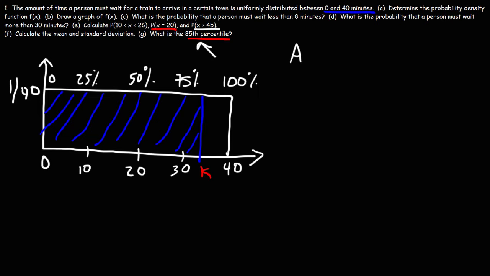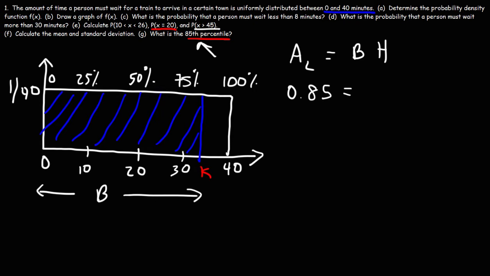So the area on the left side is going to be equal to the base times the height. And the area is the same as the probability for any continuous probability distribution function. So we can replace the area with 0.85. Now the base of the rectangle is the difference between k and 0. So it's k minus 0. The height is still the same.